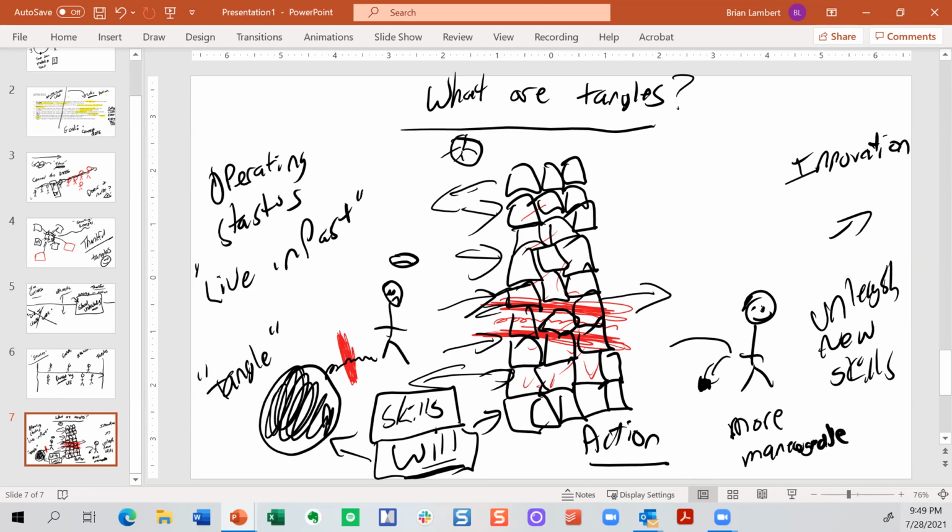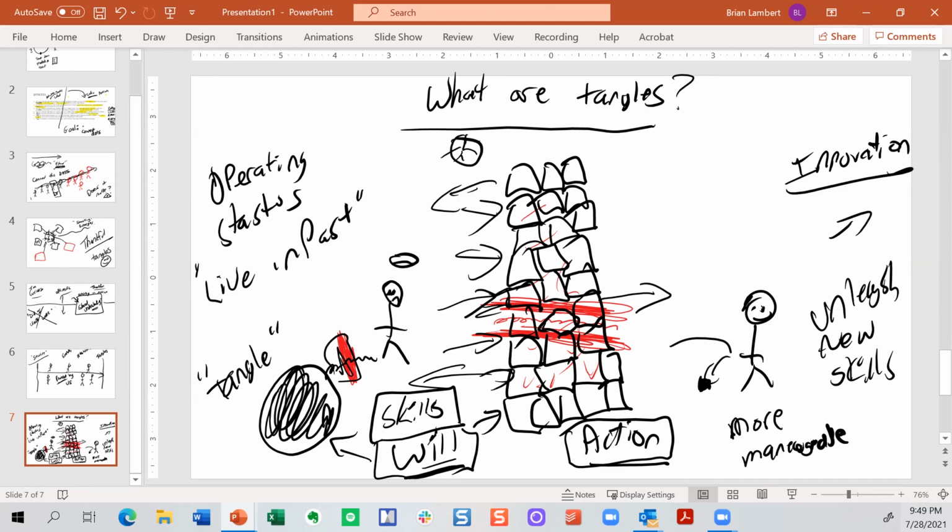So this is how I see tangles: anything that prevents taking action to get to the other side. They are perception oriented, where it's about skills, and they can be linked to motivation, which is will. If I don't have the skill or the willpower to figure out how to break this and set myself free from the tangle, I won't get through.